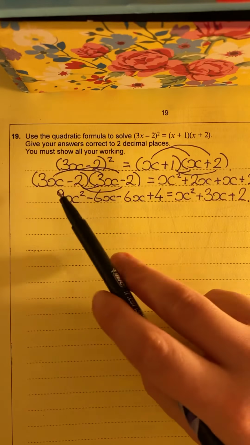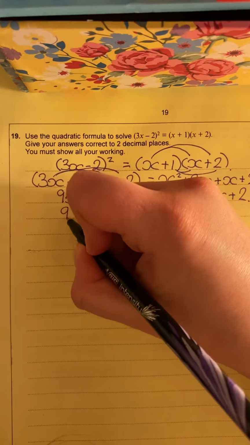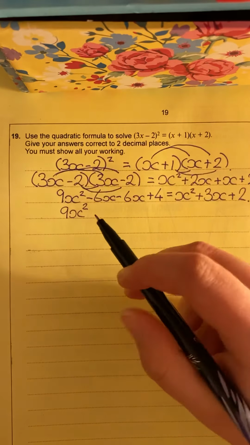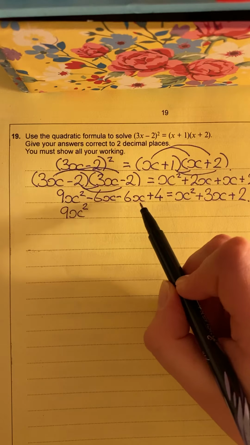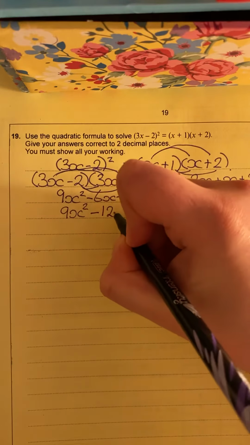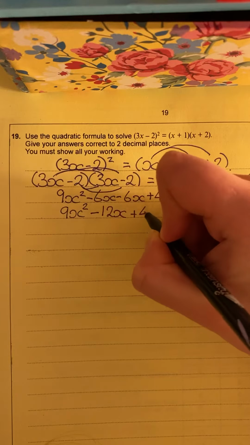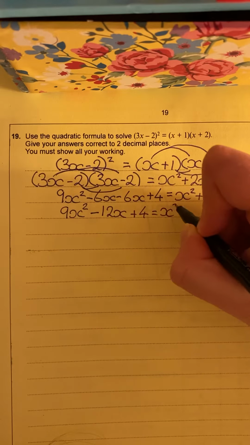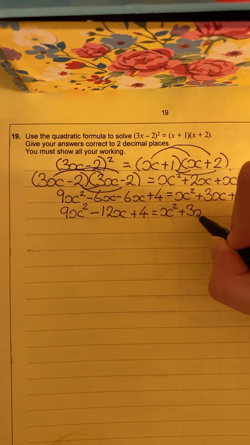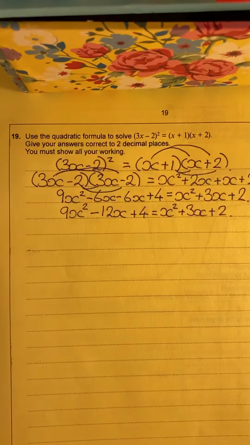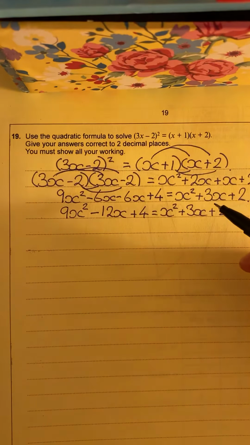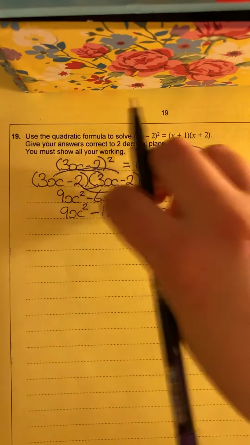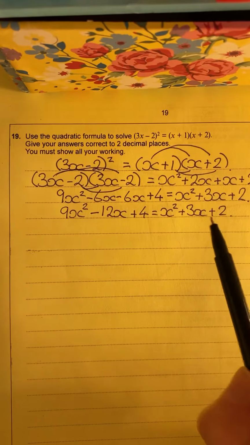Okay, now I'm going to tidy this side up. So I have 9x². If I have - 6x and another - 6x, it's going to be - 12x + 4 is equal to x² + 3x + 2. And now I want it to be equal to 0, so I need to either take all this to this side or take all of this to this side.